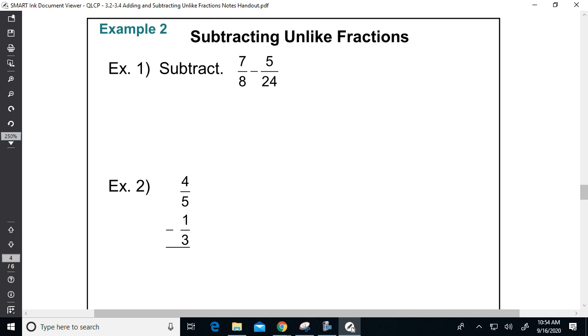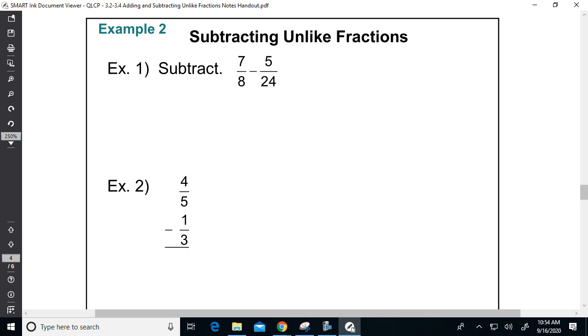Let's do it with subtraction. Subtraction works the same way. So 7 over 8 and 5 over 24. We have an 8, we have a 24.